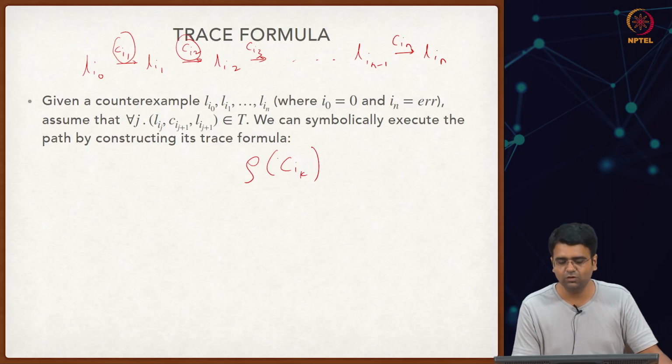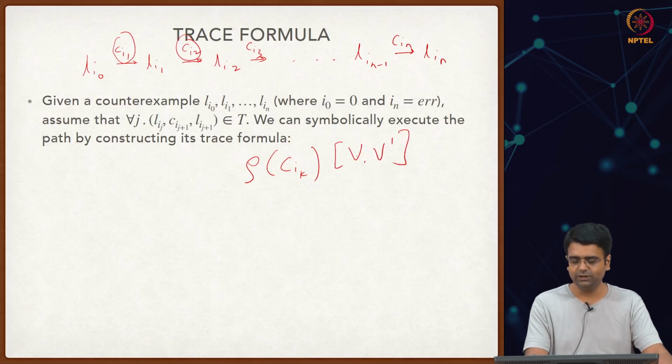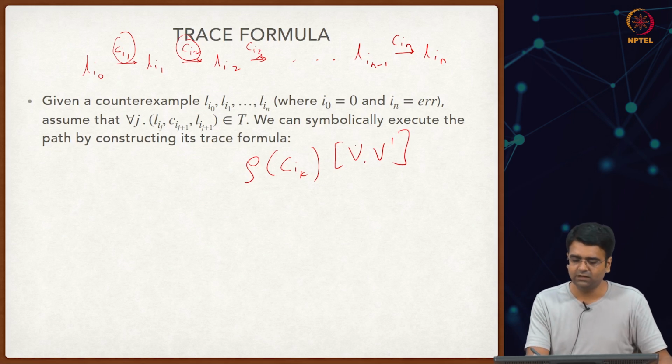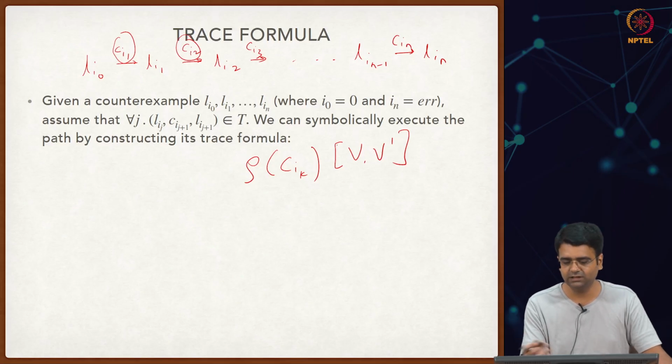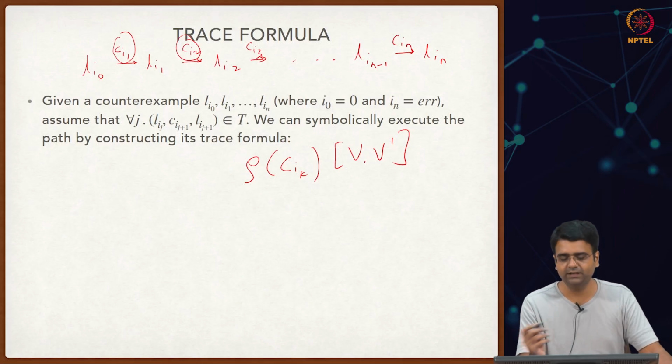This first order logic encoding, as we have seen earlier, is over two sets of variables, the unprimed variables and the primed variables, where the unprimed variables correspond to the program state before executing the command, and the primed variables correspond to the program state after executing the command.